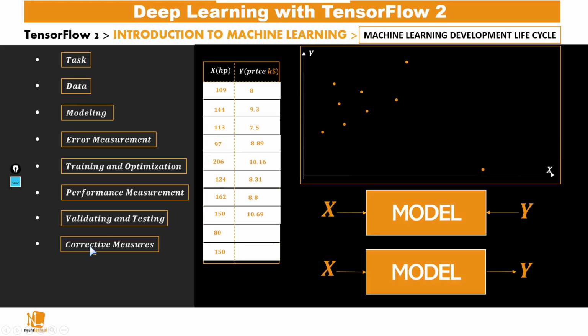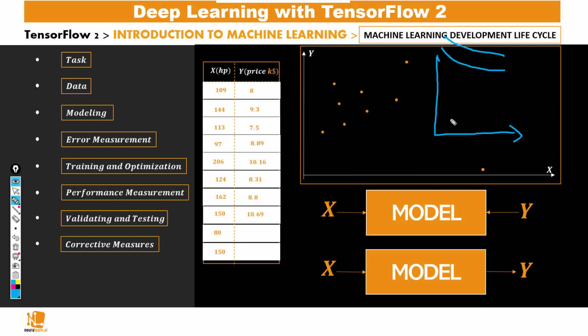And this takes us to our next section on corrective measures. This poor model performance actually has a name. It's called underfitting. So when your training loss looks like this and your validation loss, normally validation loss should be above the training loss, but in some cases, as we just saw, it was below the training loss. So let's say we have our training and then we have our validation losses, which are like this.